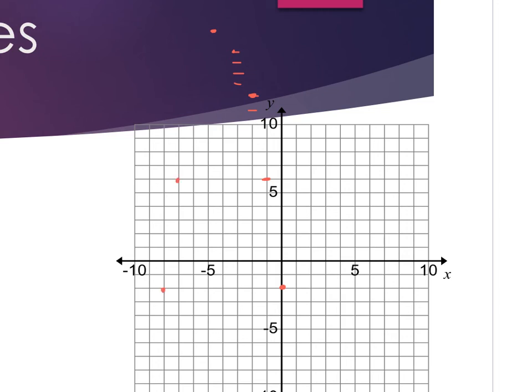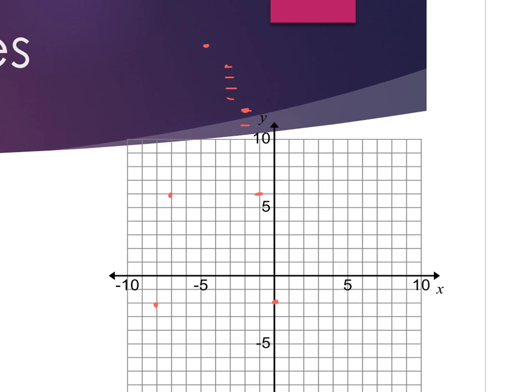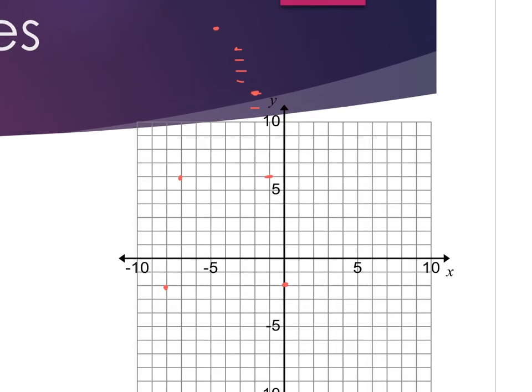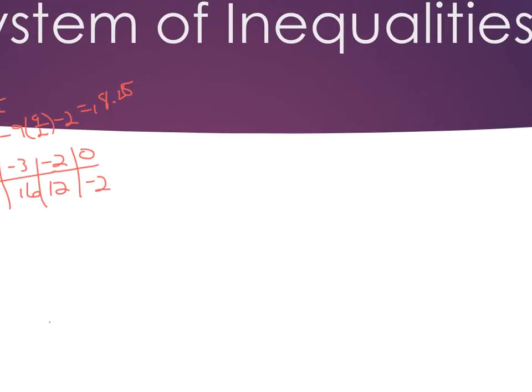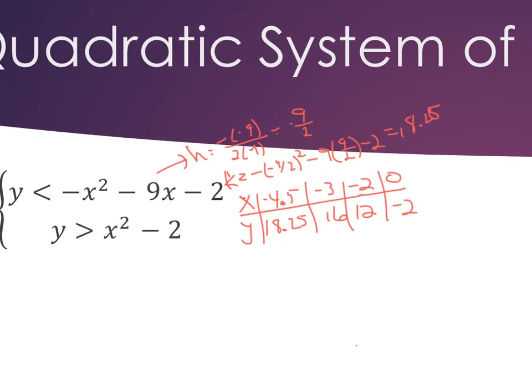Now remember, because this is a less than sign, our graph is dashed. And I like to do a test point still. So if I'm going to do a test point, I would pick the original problem. I would probably choose 0, 0, because I know my graph doesn't go through it.